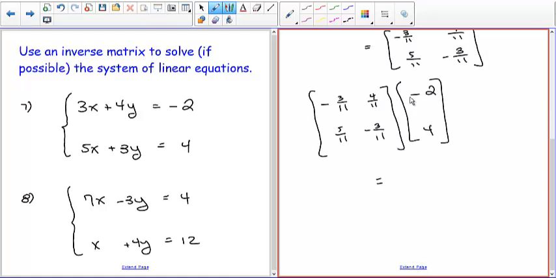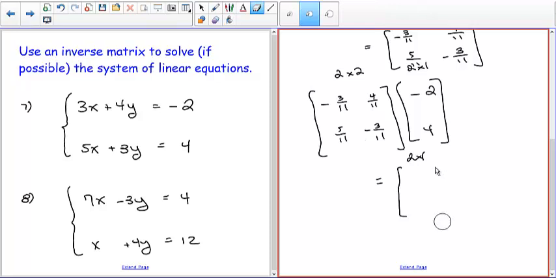We end up with a 2 by 1 matrix, because we have a 2 by 2 multiplied by a 2 by 1, hence the result should be a 2 by 1, the outside dimensions.